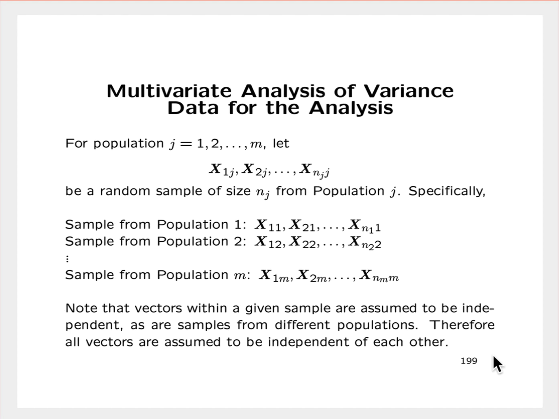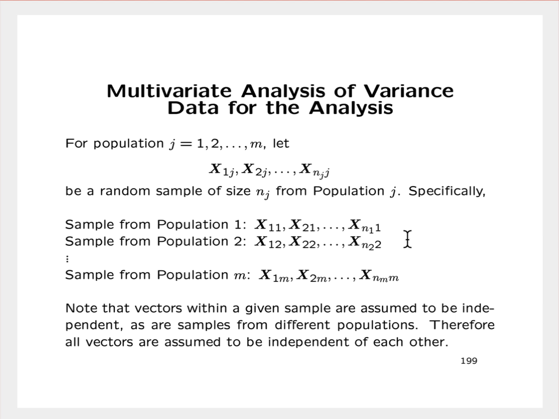All right. So now let's look at the data for the analysis. For population j going from 1 to m again, let x sub 1j, x sub 2j, and so forth out to x sub nj be a random sample of size n sub j from population j.